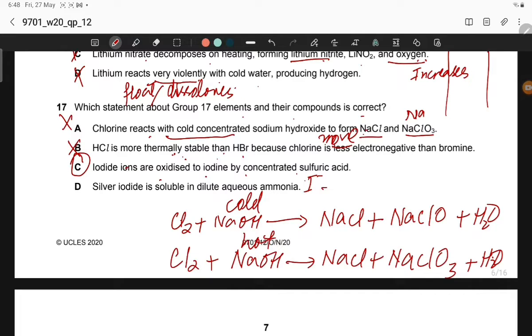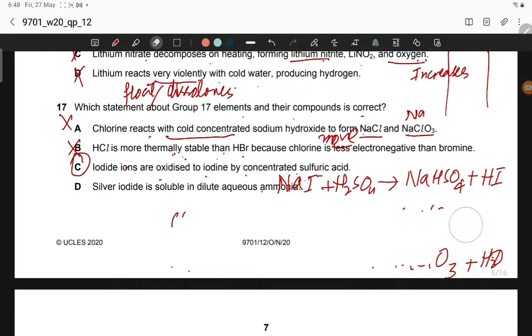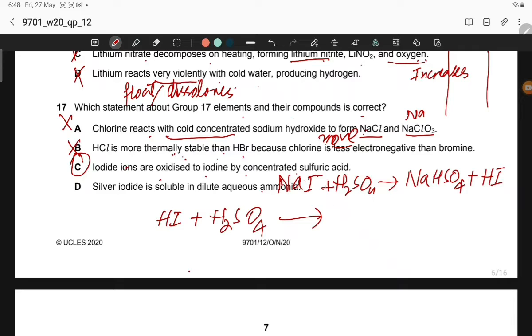Iodide ion plus H2SO4, sodium iodide, to form NaHSO4 plus HI, and HI is further reacted with H2SO4 to form iodine plus H2S plus water.